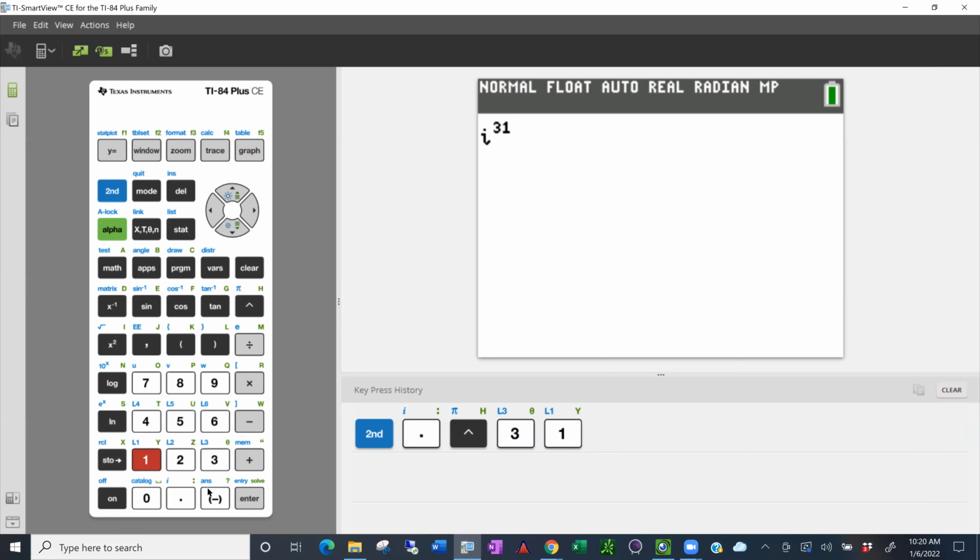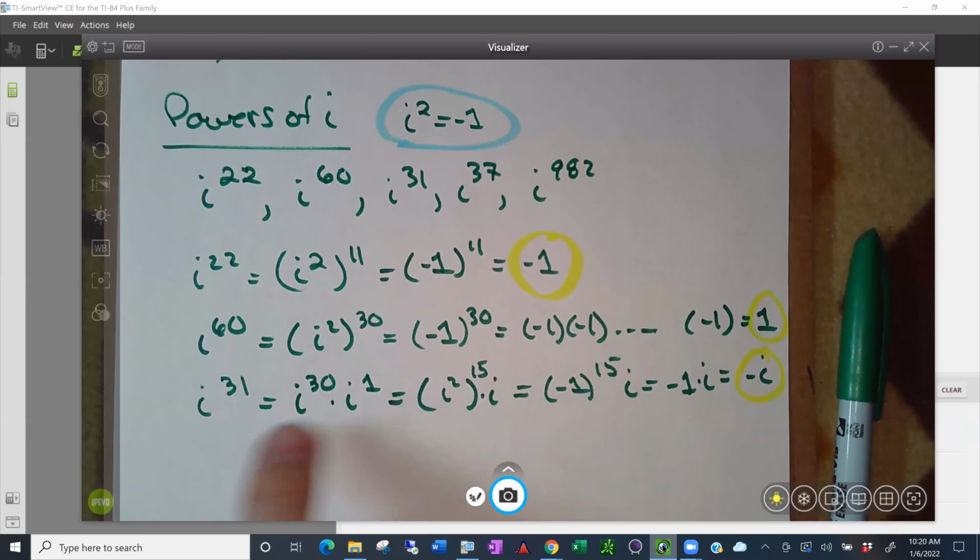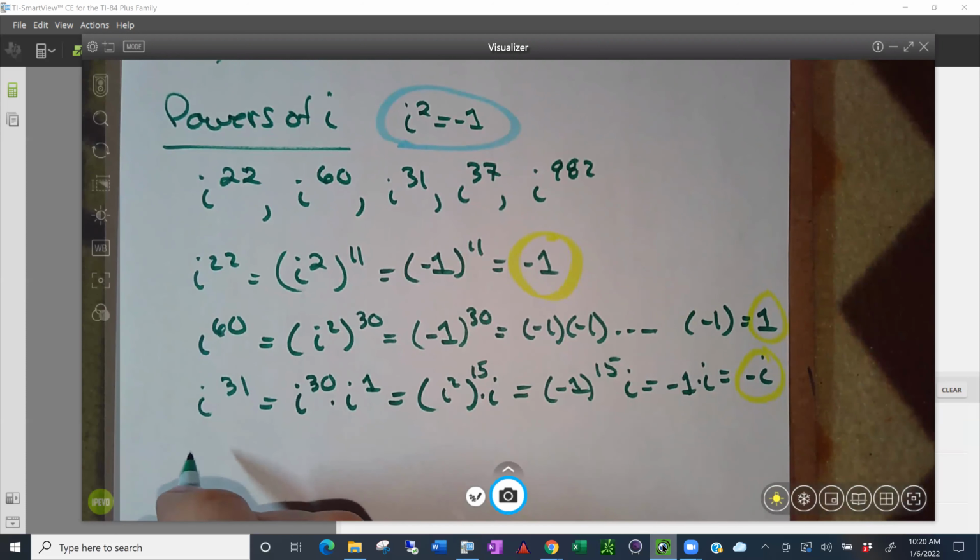Let's see what happens here. -i. Perfect. It's exactly what we got. Just make sure that when you do this on an exam, that you show me this stuff in between. I don't want just the answer. I've given you the answer, or at least how to get the answer.